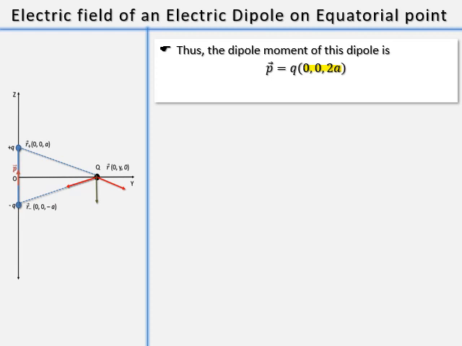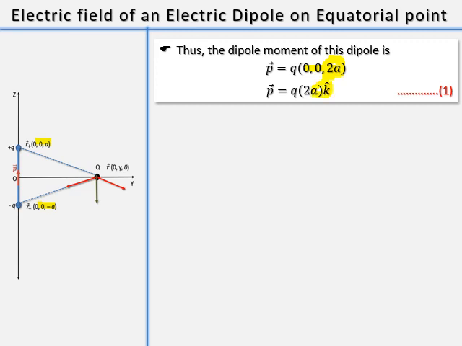Simply by taking (0, 0, a) minus (0, 0, minus a), because the direction is from negative charge to positive charge. So while finding the dipole moment, you should take r positive minus r negative. As the dipole moment is only along the z direction, we can write vector p equals q into 2a along k cap, that is along the z direction. Let it be our equation 1.